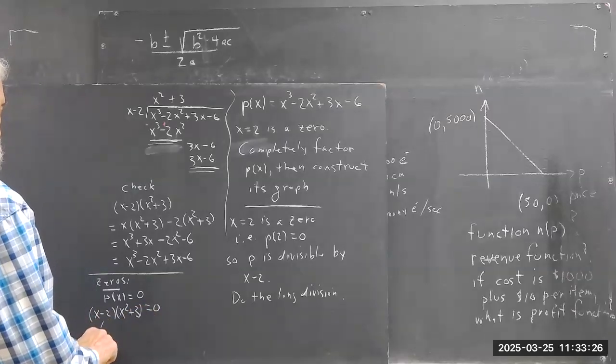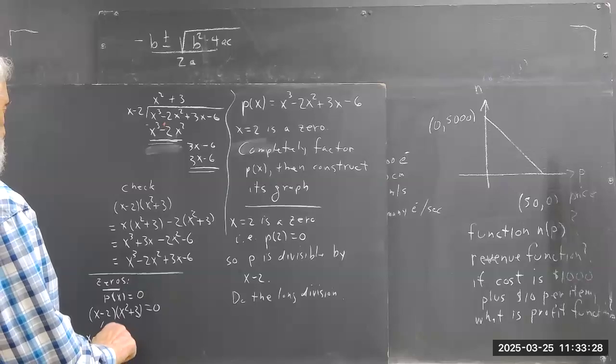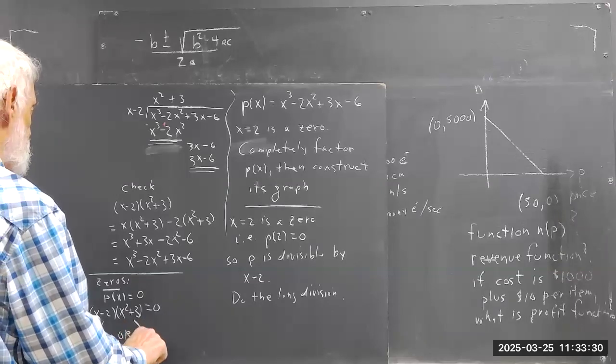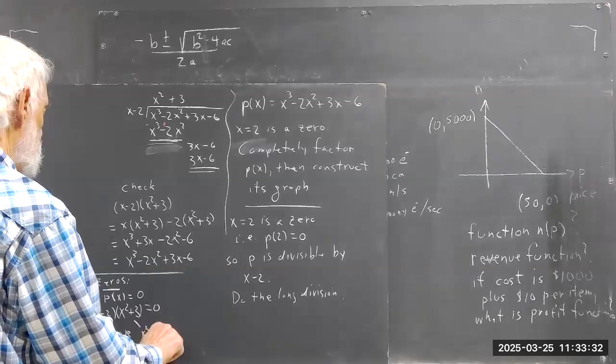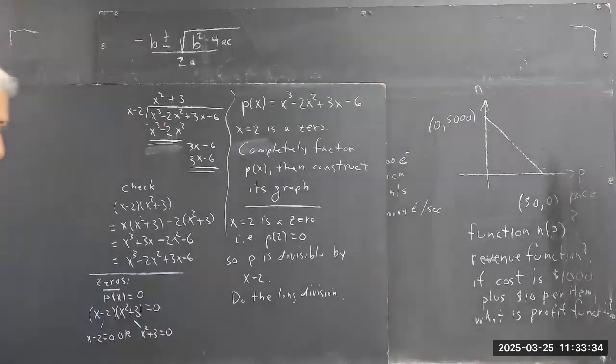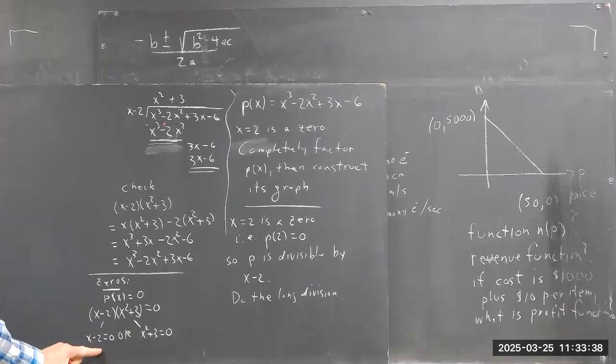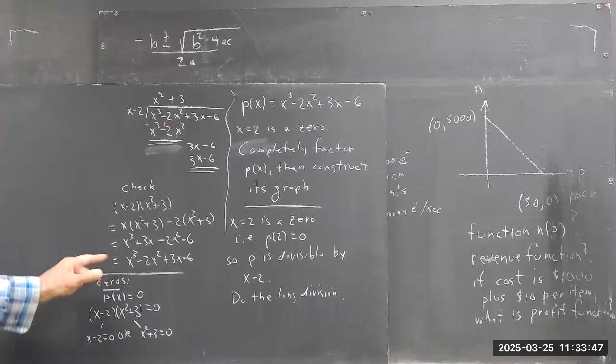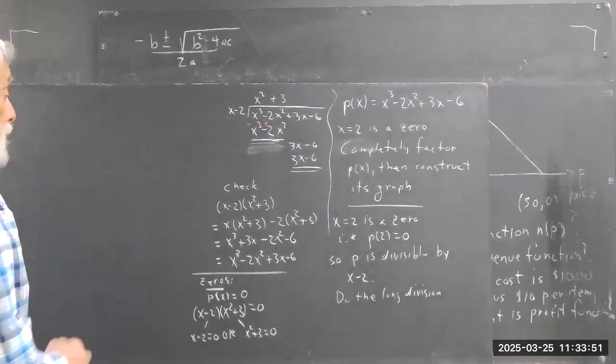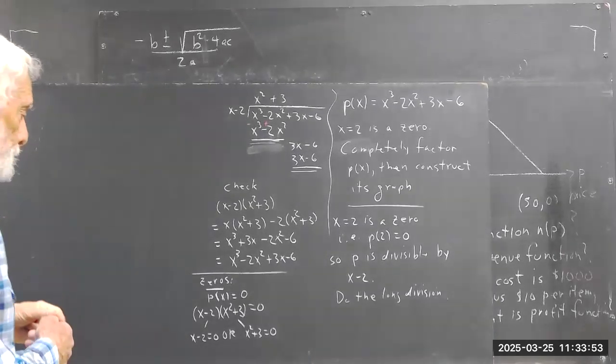That's 0 if x minus 2 equals 0, or x squared plus 3 equals 0. There's a reason I want you to write this out, until it becomes very clear to you why you do this. Okay? You write a narrative and you remember it better, and eventually you understand it better and better.